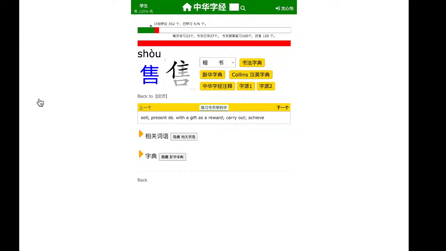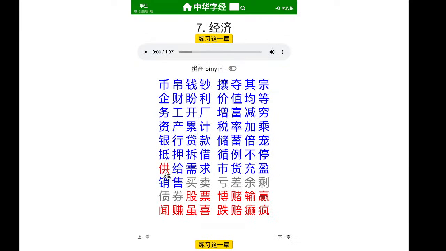You pretty much only use it for selling. Especially when you say 销售, which is sales. Sales is a profession you would call 销售. 销售员 is a salesperson. 销售经理 is the sales manager. Because you're selling things, and when you sell them, you get rid of them.